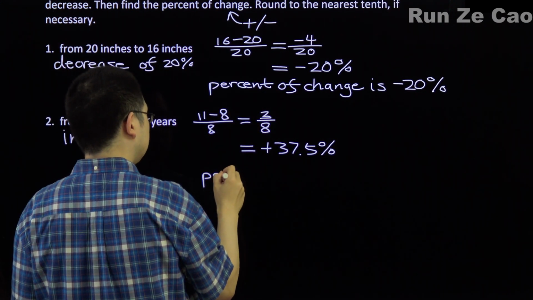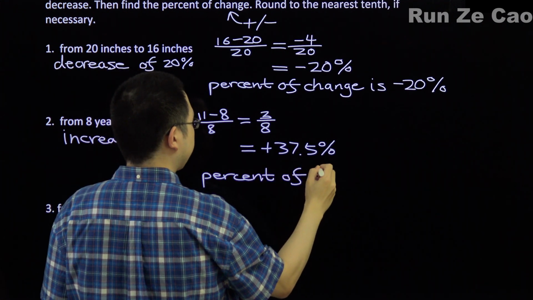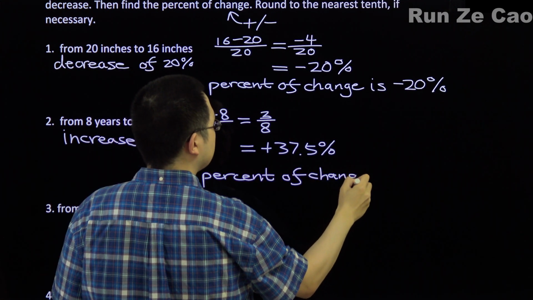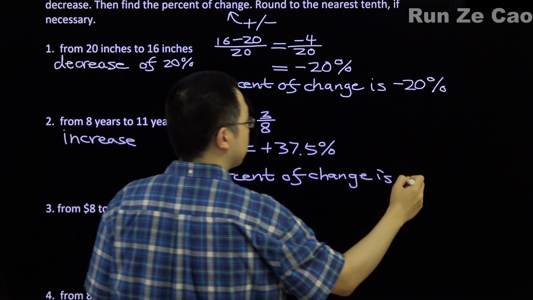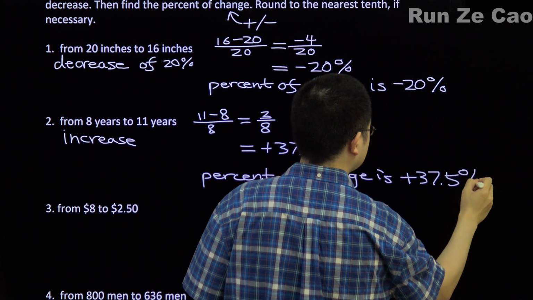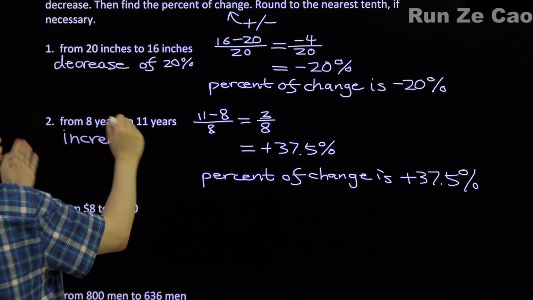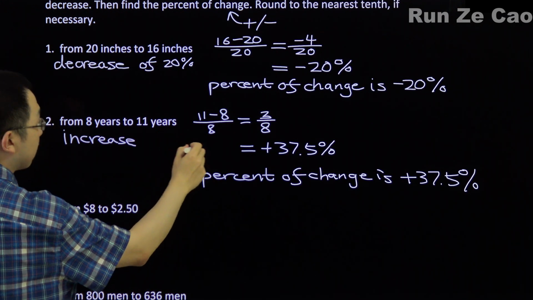Percent of change is positive 37.5%. And of course, if we wrote it as an increase of, we just write 37.5%.